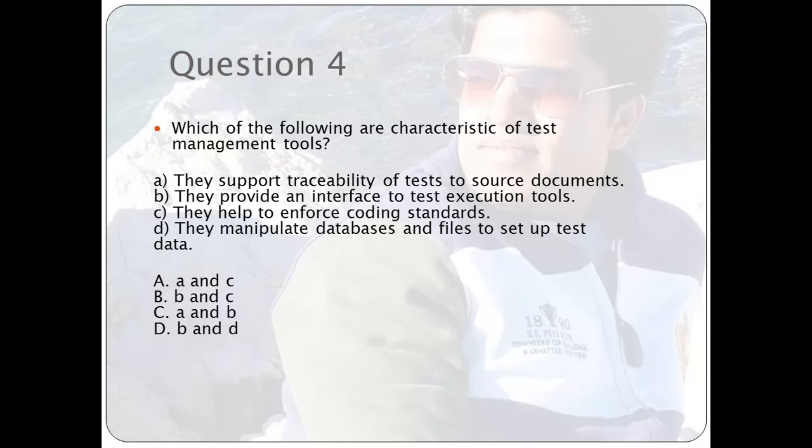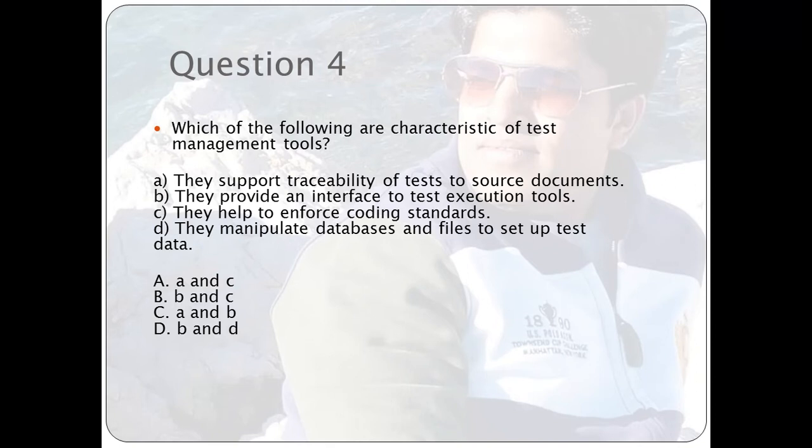So the main function of these management tools is traceability of tests to source documents. Source documents here are test plans, and provide an interface to test execution tools. The other two options are not correct because we are not doing any coding standards here.